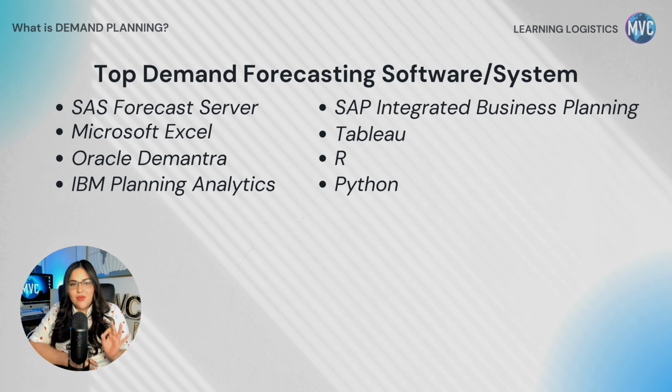I will say, and it's very important for me to note, that demand planning software and systems can really vary widely depending on what industry you're working in, in terms of the costs, how complex they are, and what the features of these systems are. Now, the software systems that I listed below may or may not be suitable for all businesses. So it is important to do your own research and to evaluate each of them and give them your own grading, your own review based on what the needs are for your specific business.